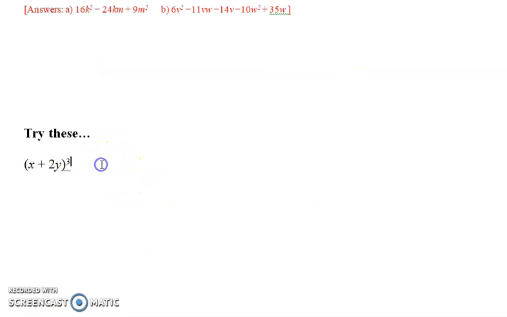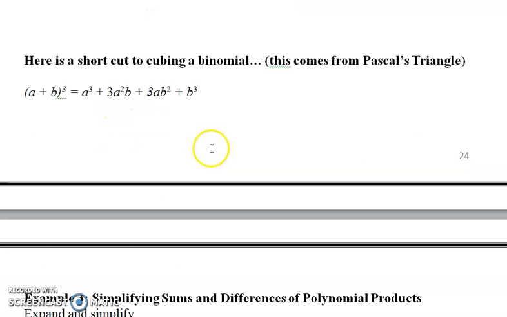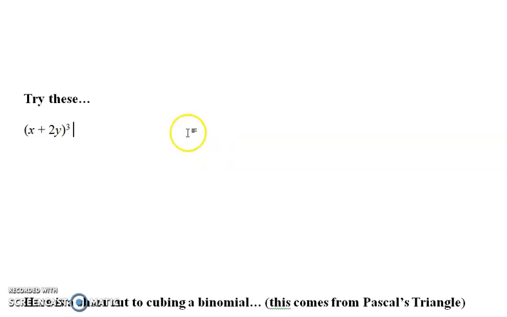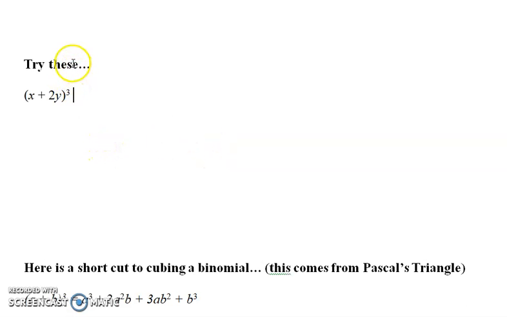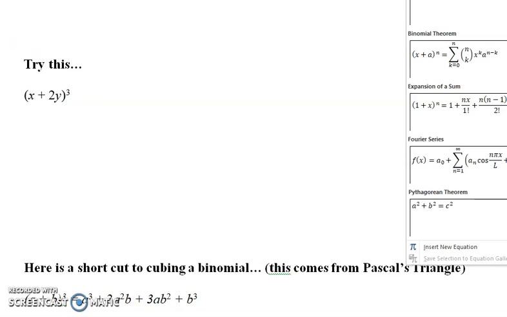And then this one here is just a fun one you can try. It's not responsible for it, but it's a fun one. I guess I should say try this. There's only one. So if you were to expand that, what it looks at is, well, let's expand it and multiply it out, and we'll show you a little trick.